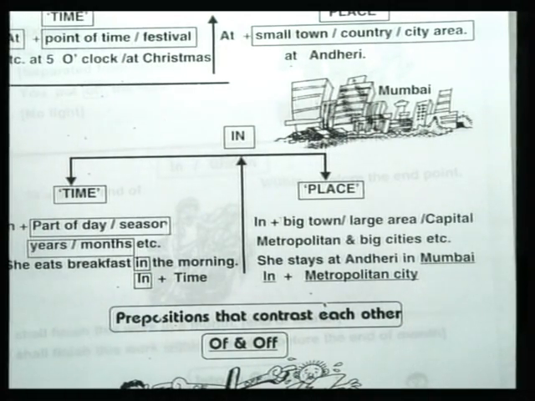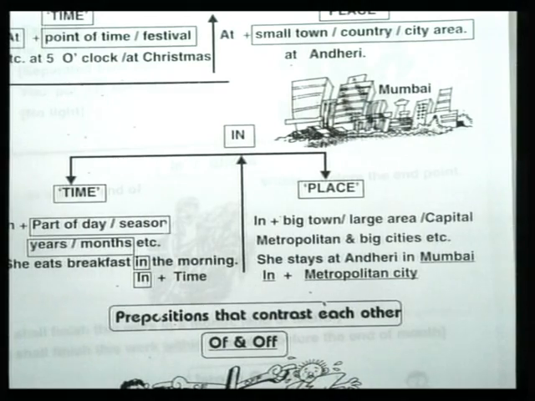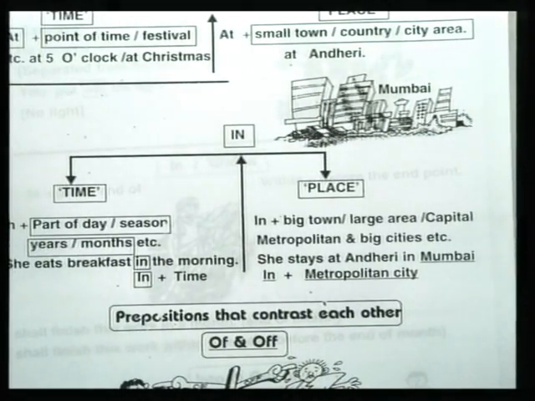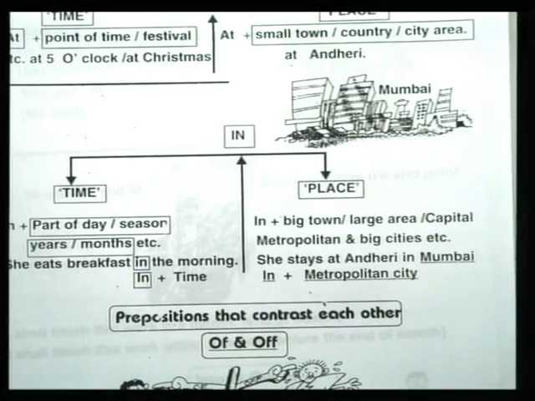She stays at Andheri, in Mumbai. Okay? So we have used two prepositions over here, at and in. At shows a small place, at Andheri, and in Mumbai, it is a metropolitan city.